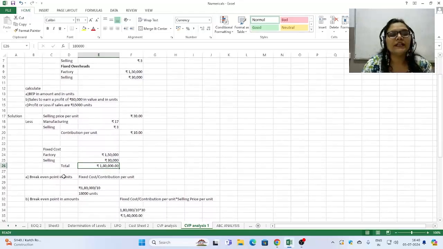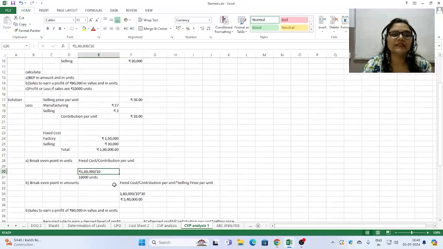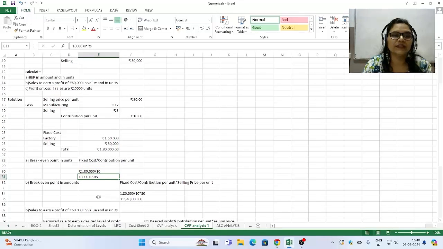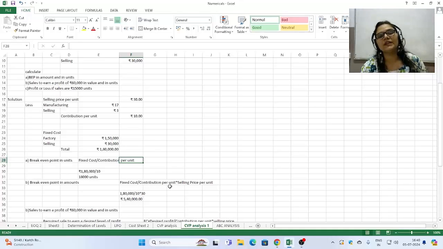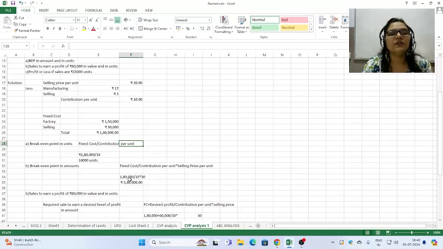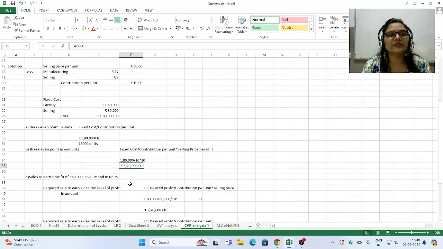Now for calculating break-even point in units, we have the formula fixed cost upon contribution per unit. Fixed cost is 1,80,000, contribution per unit is rupees 10, so we will get 18,000 units. Similarly, if you want this answer in amount, you simply multiply by selling price per unit to get the break-even point in amount, which gives you rupees 5,40,000.